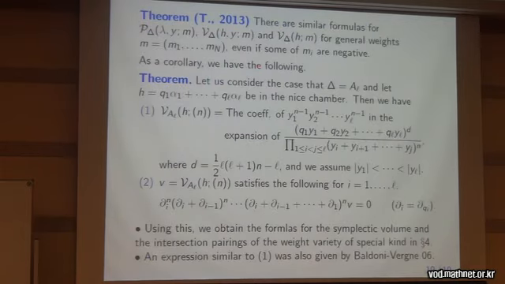And as a corollary of this formula, we have the following theorem for the case that delta is of type AL, the positive root system of type AL, and H appearing here is in the ninth chamber. In that case, we have the following expression for the volume function VAL of Hn.